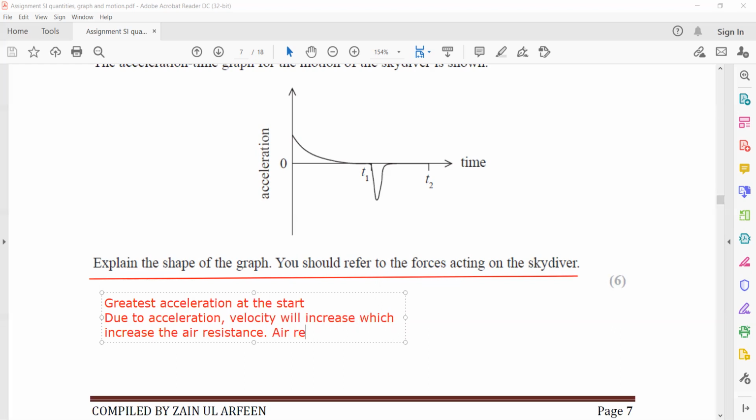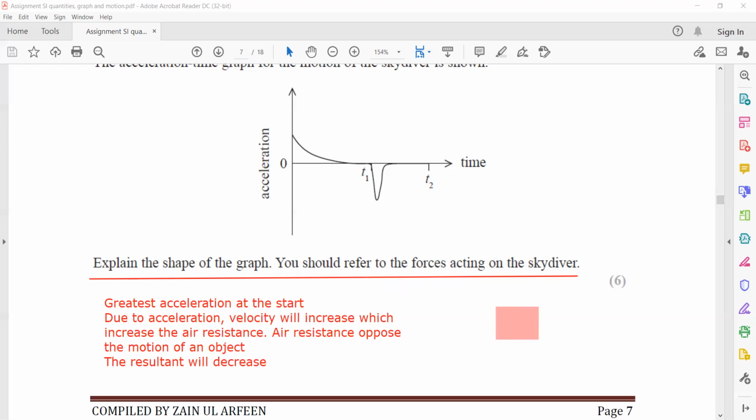Air resistance opposes the motion of an object, so the resultant force will decrease. Now, why is the resultant force decreasing?